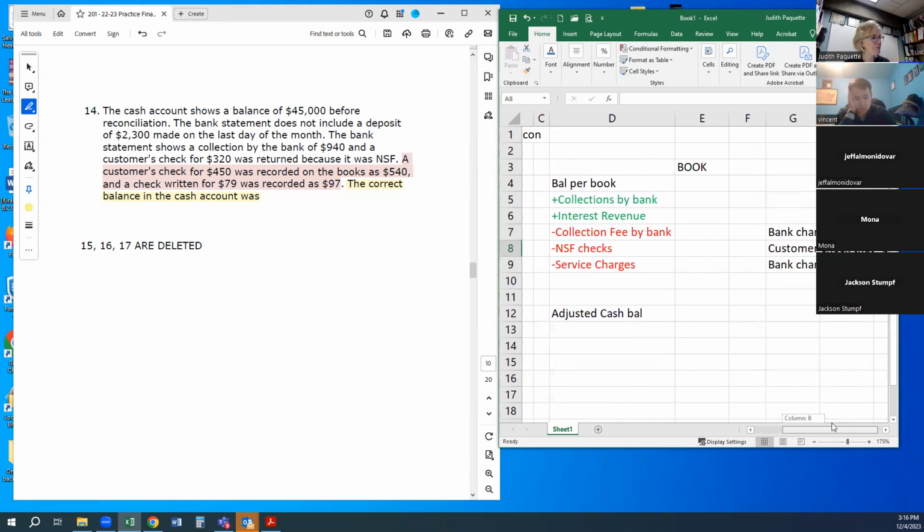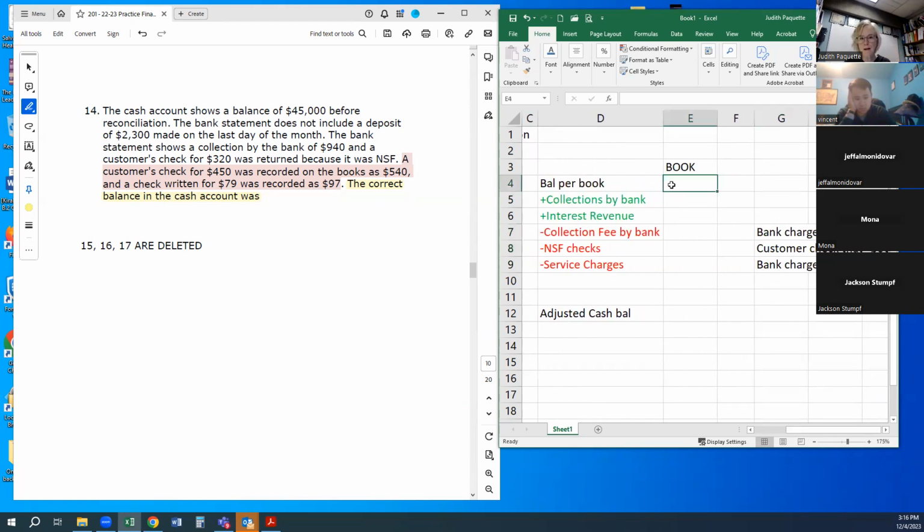On the book side, know that you start with a balance per books, you add any collections, you subtract any bank fees, NSF checks, and service charges. Put down as much as you know and hope you get it right in the right column so you don't confuse the columns. So make sure everything on the book column is something that the company is looking at their bank statement and saying, we didn't record this yet, we have to record it.